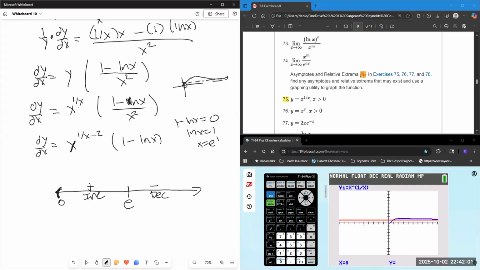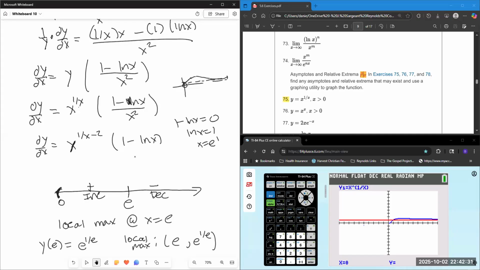And this is decreasing. So I have a local max at x is equal to e. And then y of e is equal to e to the 1 over e. So my local max is at the point e to the 1 over e.